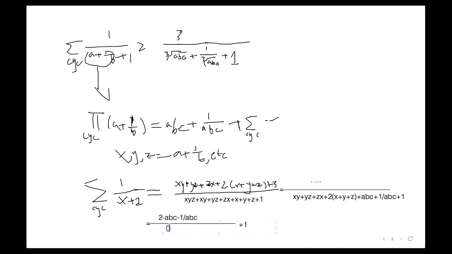I'll just write it in the factored form. And if we remember the ABCs in the right hand side, if we also subtract out the 1, then it's quite similar. So let's do that.